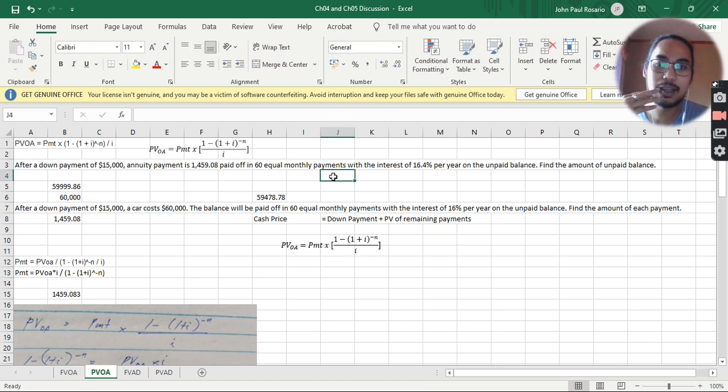Here we ignore the 15,000 because what you are asked of is not the cash price. What is being asked of you is the remaining balance that you have to pay off. Since it is the remaining balance, it's asking for the present value.